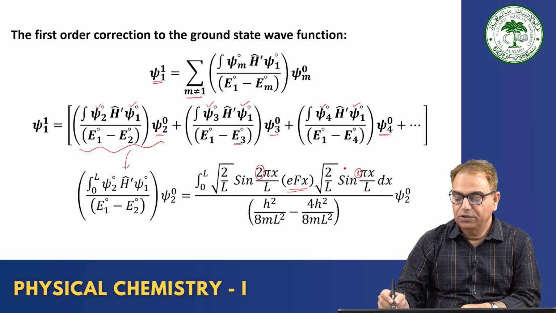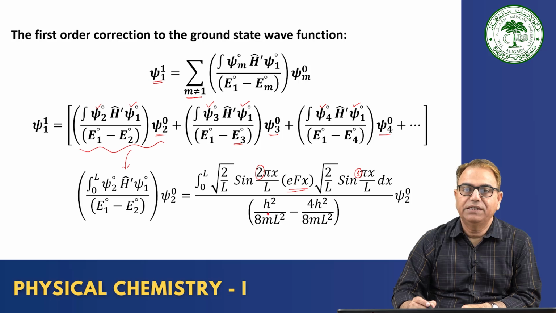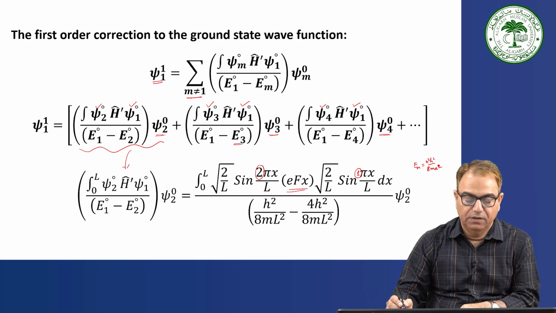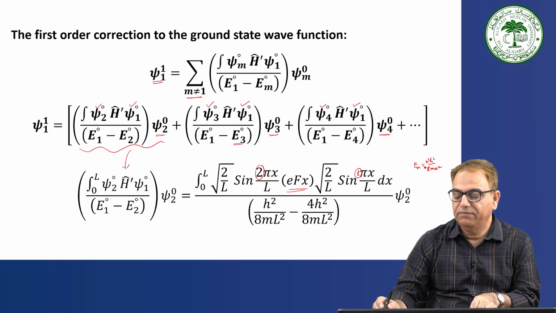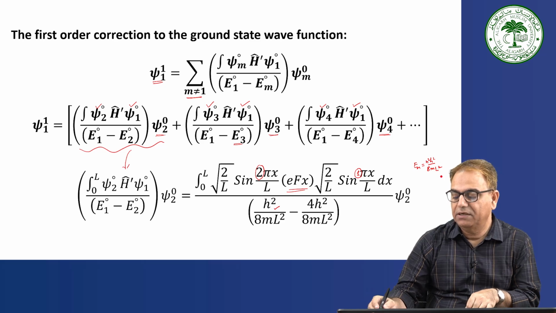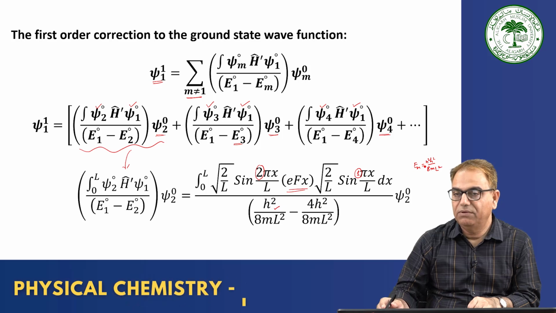This is your numerator. In the denominator you have energy values, and for a particle in a one dimensional box E n is n square h square divided by 8m a square. So E1, with n square equal to 1, is h square divided by 8m L square, and E2, with n square equal to 4, is 4h square divided by 8m L square.